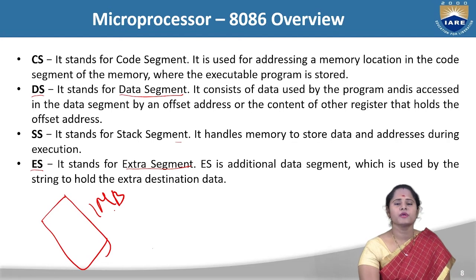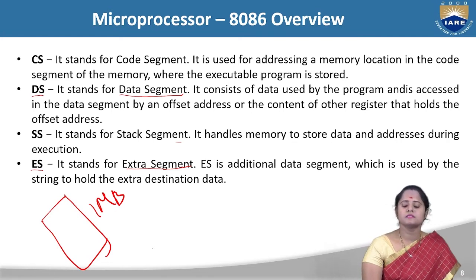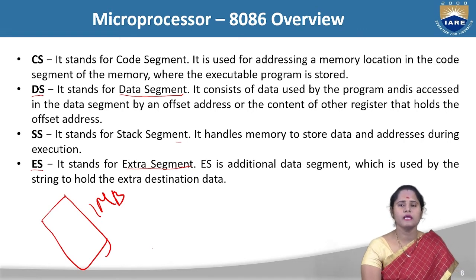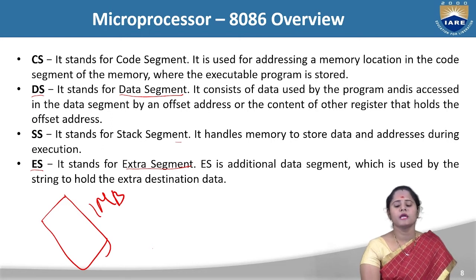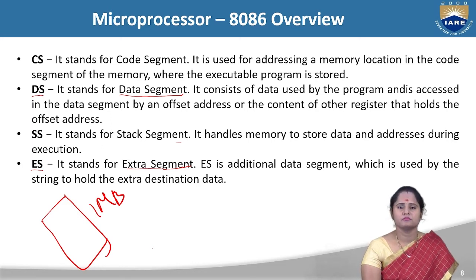Right. So you can see here, what is a code segment? CS stands for code segment, and it is used for addressing a memory location in the code segment of memory where the executable program is stored. The code which I need to execute will be stored in the code segment. And DS is the data segment.